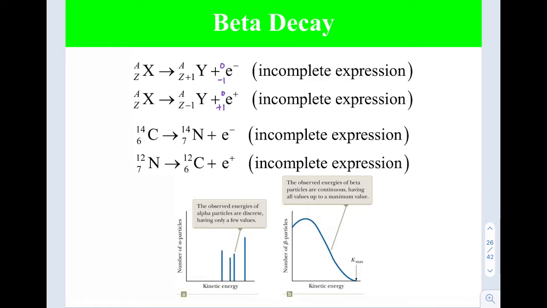Whenever we have this kind of pattern, further investigation by the scientists figured out that for this expression, two things are not conserved: the kinetic energy and also the angular momentum of the beta particle.